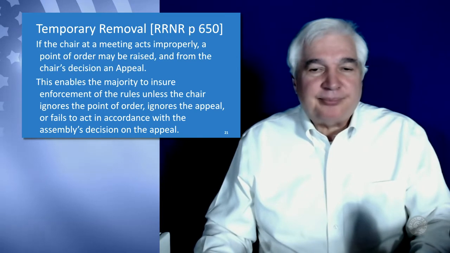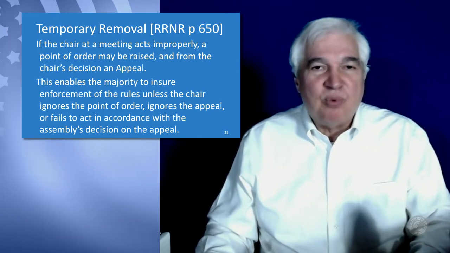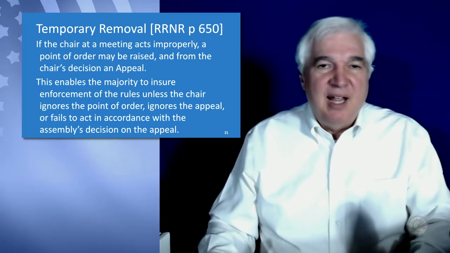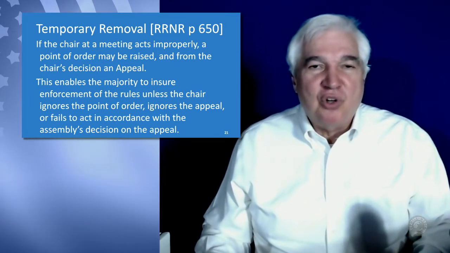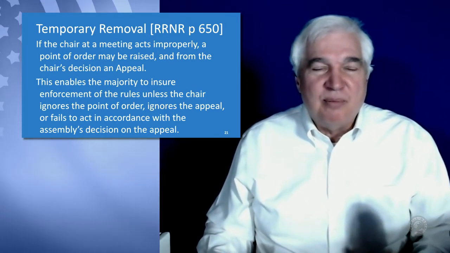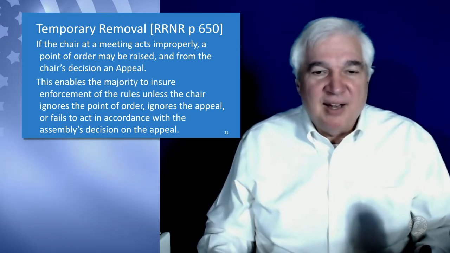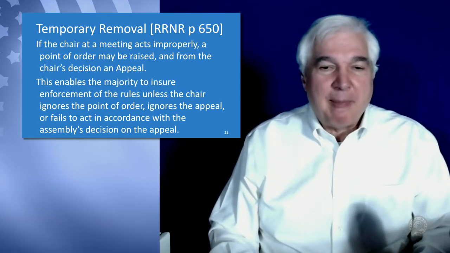That's when you appeal the ruling of the chair, and when they then rule that the resolution will not be brought before the assembly, then you appeal that ruling. And then if the majority still decides that you can bring the resolution before the body and the chair refuses to bring it, that's when you can temporarily remove the chair.